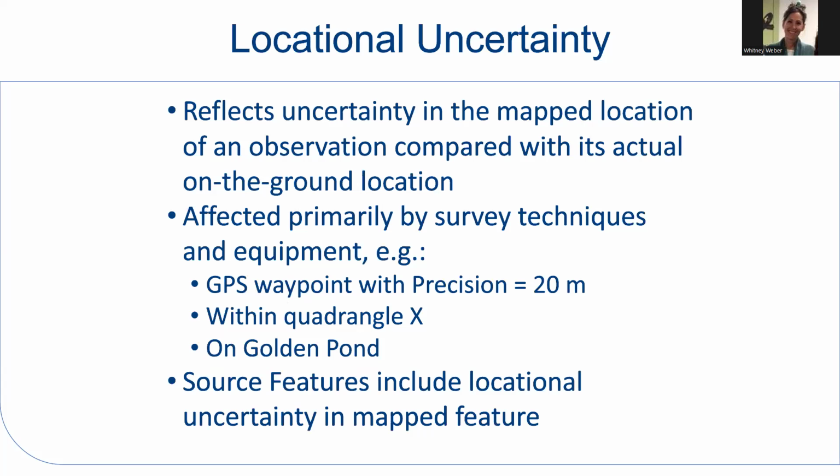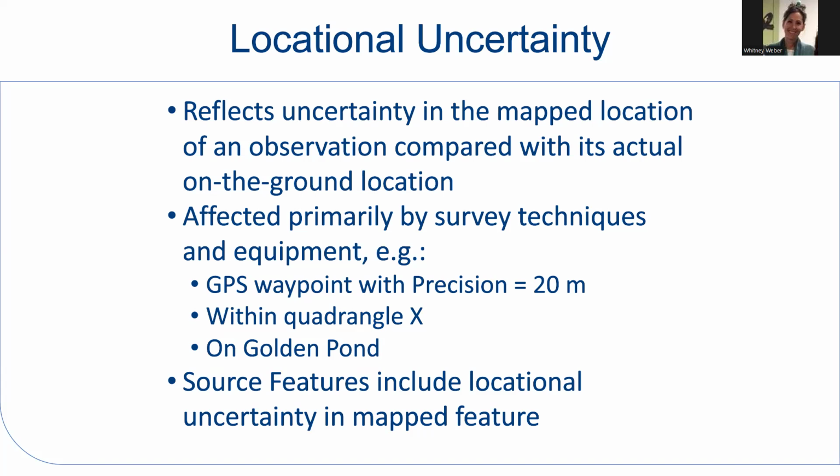Now, locational uncertainty reflects the uncertainty of the mapped location of an observation compared with its actual on-the-ground location. It is affected primarily by survey techniques and the equipment used. So if you have a GPS waypoint with the precision of 20 meters, that is your locational uncertainty, that 20 meters.